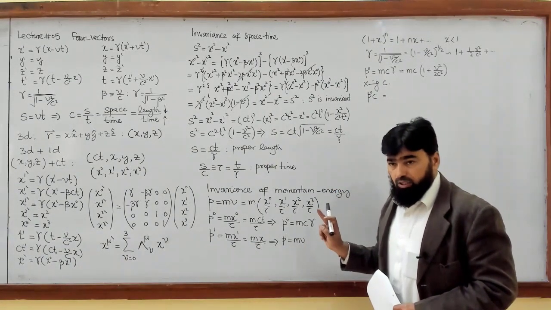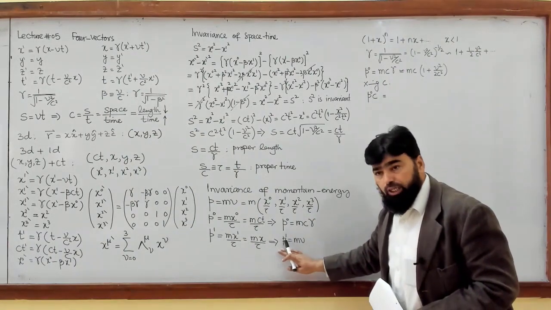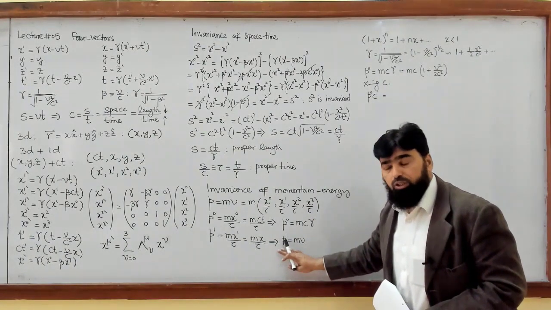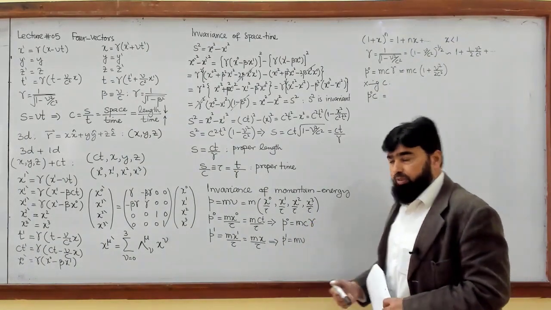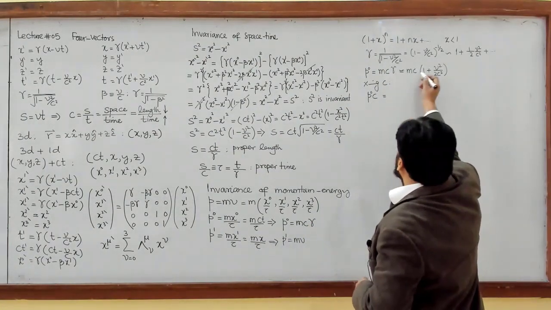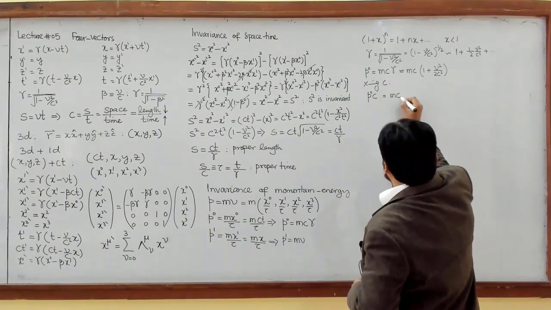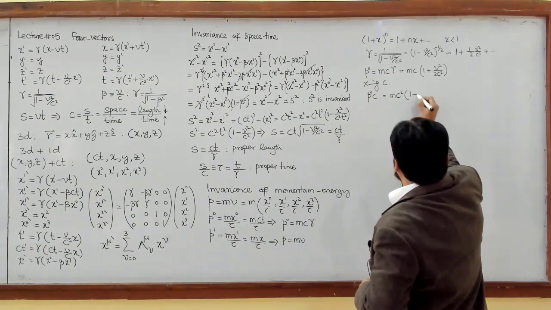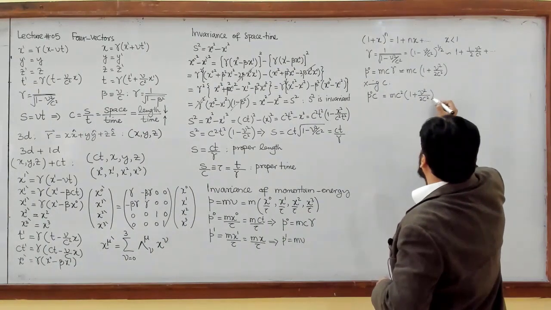In the four-dimensional it is P0, but in the three-dimensional it is just P, momentum. And if I multiply c here, what will I get? I will get mc squared times 1 plus v squared over 2c squared.